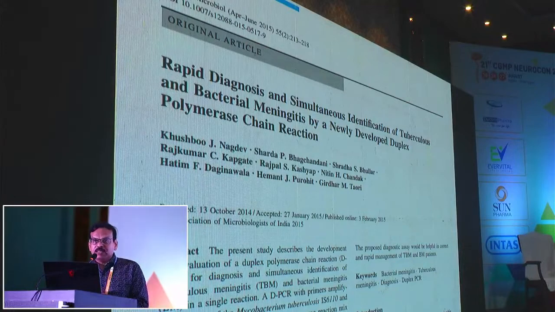We wrote up a paper on this, and it had a good sensitivity and specificity. Almost in proven cases, it reached around 100%, and in those patients where it was suspected, it went to around 94%.